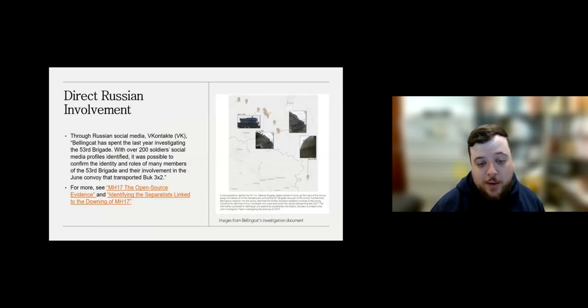They were able to use Russian social media to figure this out. There's a platform called VKontakte, or VK, and they combed through over 200 soldiers' social media profiles. Because people post a lot of information online, they were able to track the entire path back to Russia and back to the home base.